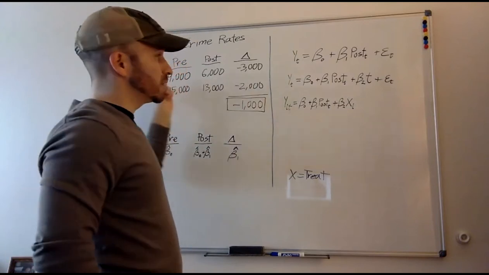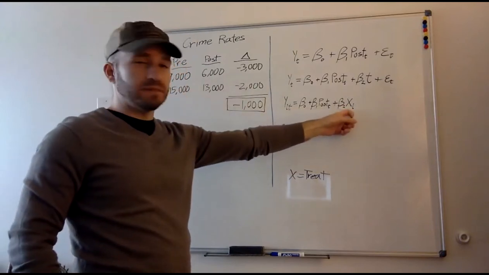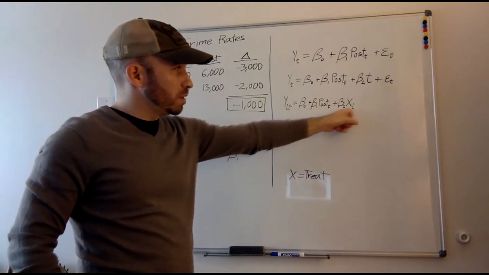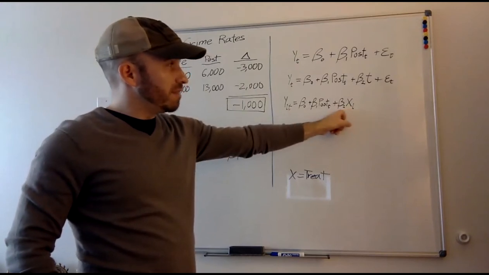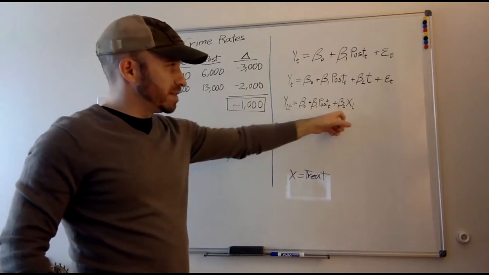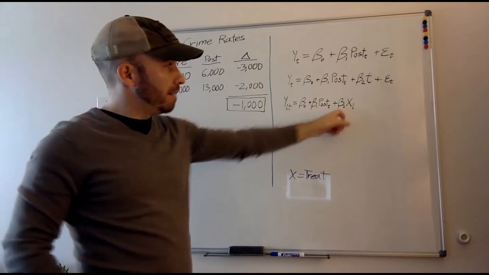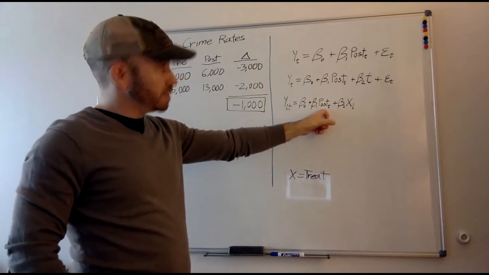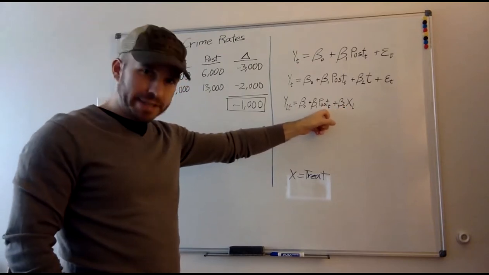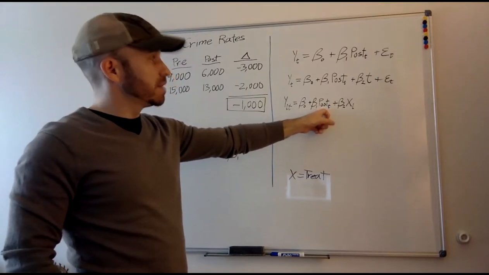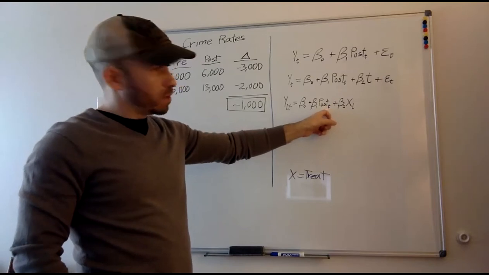In this case, it would just be for New York City, regardless of what period we're in. So for New York, the fitted value of beta 2 is always included in their conditional mean. And post is equal to 1 for all cities in all of the post-treatment periods, regardless of whether or not they were a treated city.